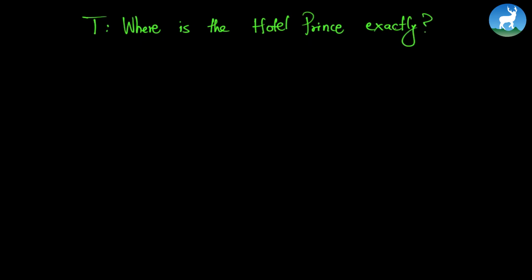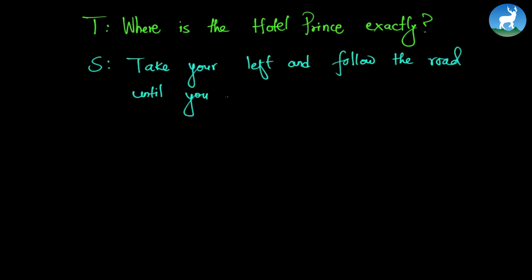And the tourist would go on saying, where is the hotel Prince exactly? Where is the hotel Prince exactly? And the student would reply, take your left and follow the road until you see a hotel on your right. So it is not always as easy as this one.